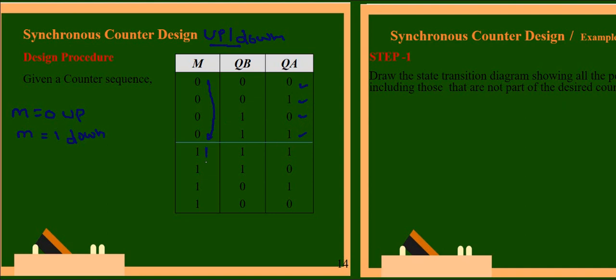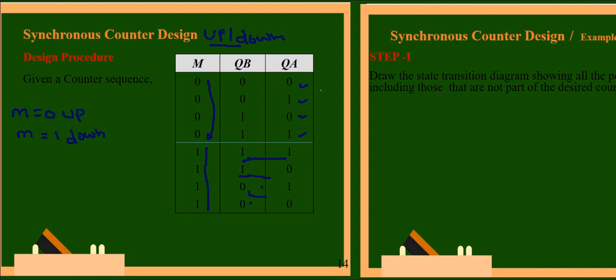When M is equal to 1, it acts as a down counter: first it is 11, then 10, then 01, then 00. It is counting downwards. So how to do this design?